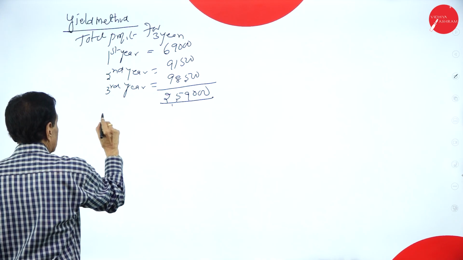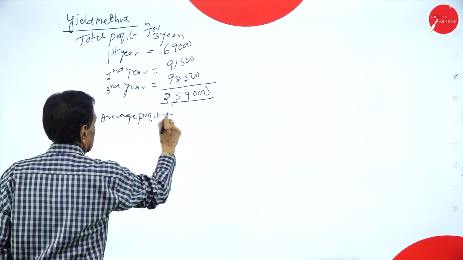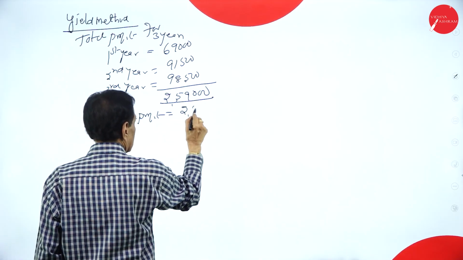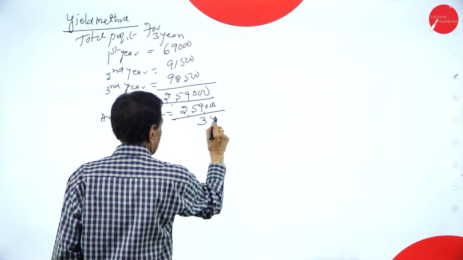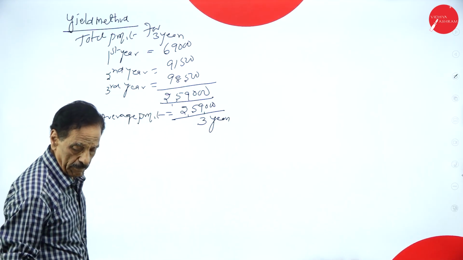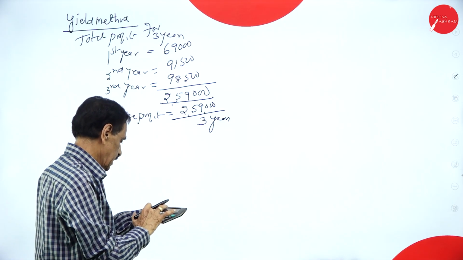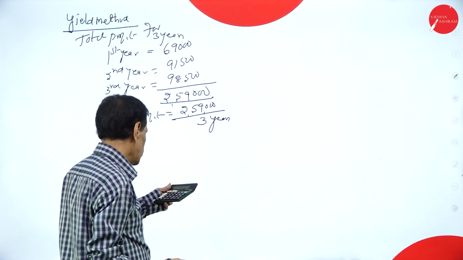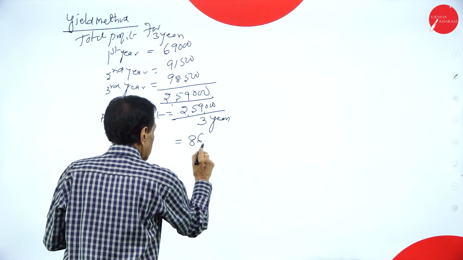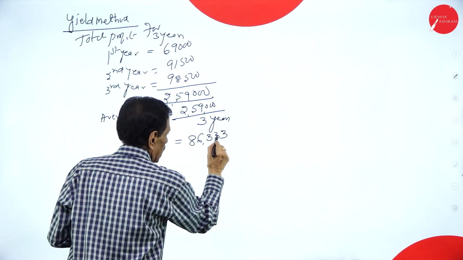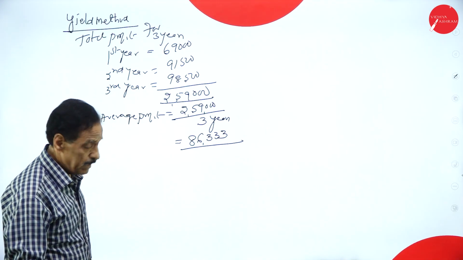Average profit: 2,59,000 divided by 3 years, 86,333. This is your average profit.